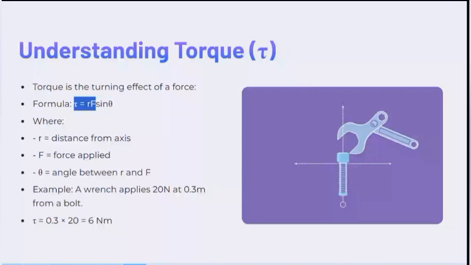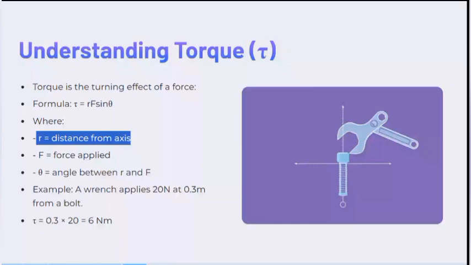Here theta is the angle between the force and the radius. R is the distance from the axis, the distance from the center to the edge where the force is applied.